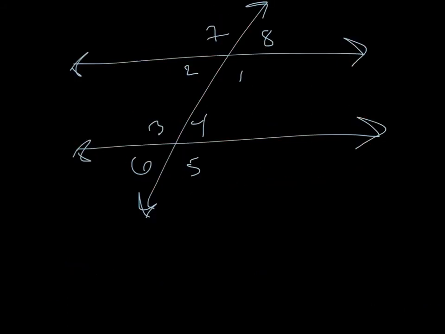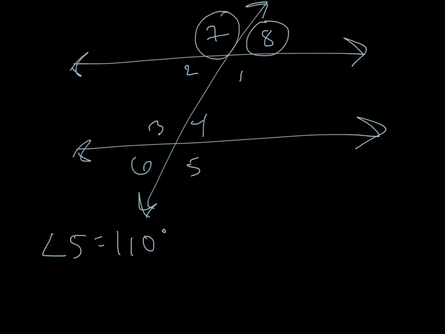All right, if I said that angle 5 equals 110 degrees, find angle 8 and angle 7. So I want you to find 8 and 7.